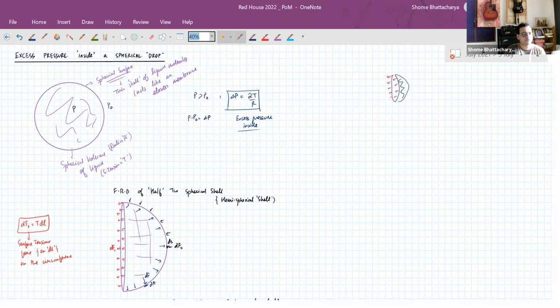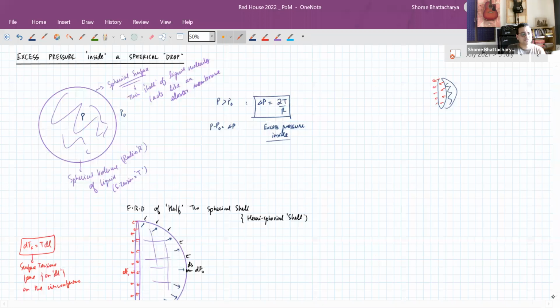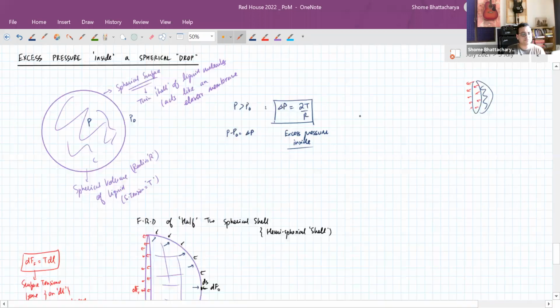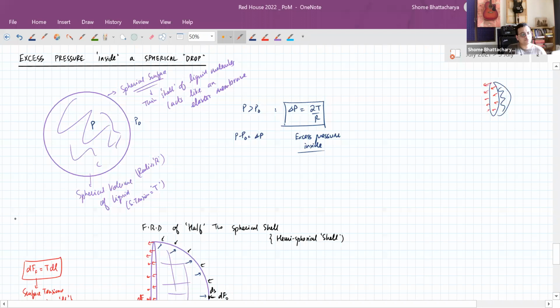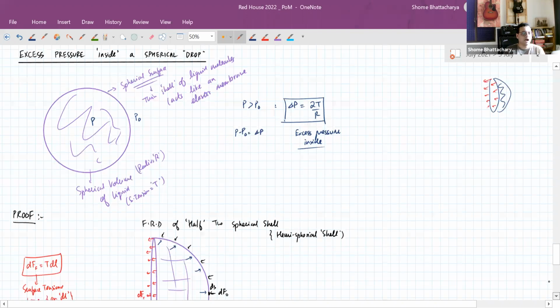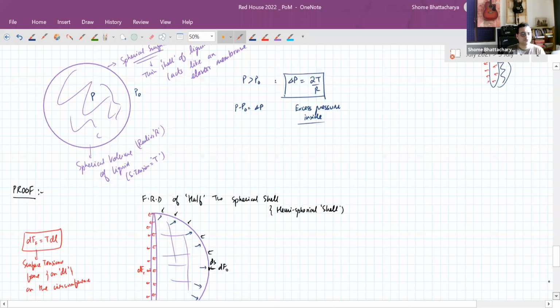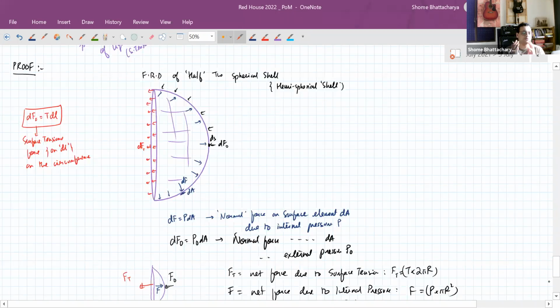So that is about the diagram. Now, step by step, we will come to the calculation part. First is just the formula itself: this excess pressure is given by this. We will come to the proof of this later. In the first step of the proof for this formula, that excess pressure is 2T by R, you mentally imagine that you are making the FBD of half of the surface. The volume of liquid inside the sphere is bounded by a thin spherical surface. Now you're imagining how half of that spherical surface behaves in terms of forces.